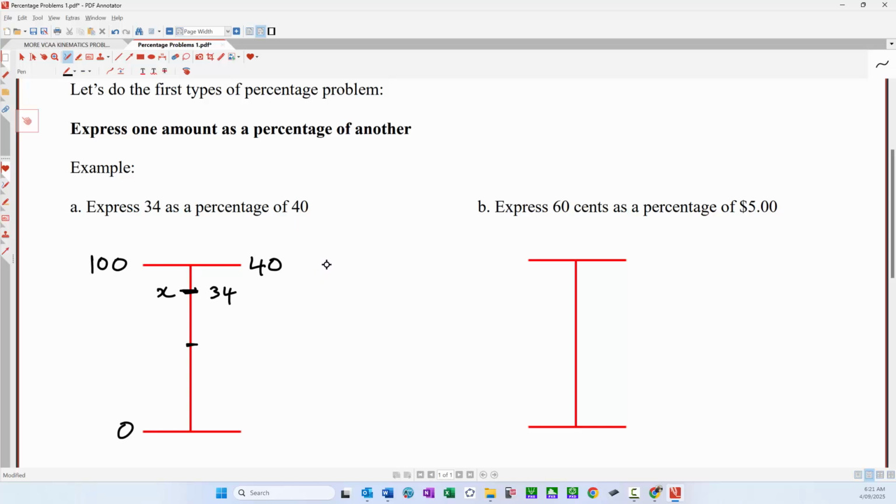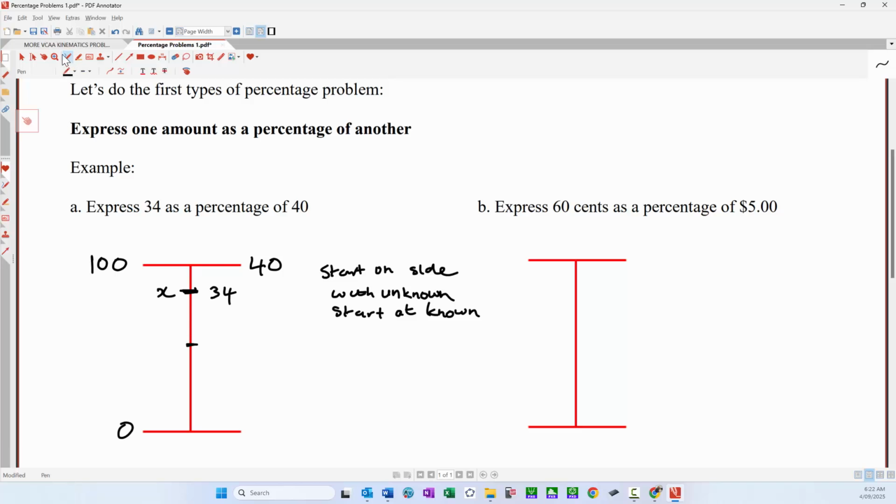We start on the side with the unknown, at the known. What does that mean? The left side here is the side with the unknown, and 100 is the known.